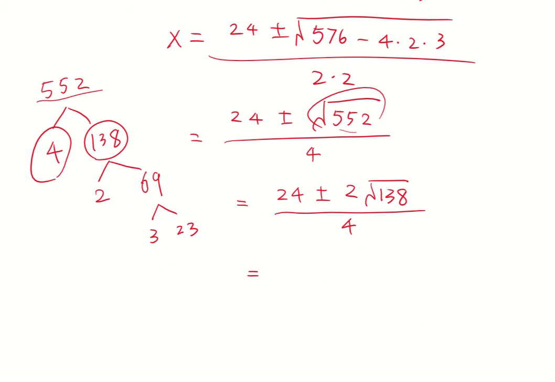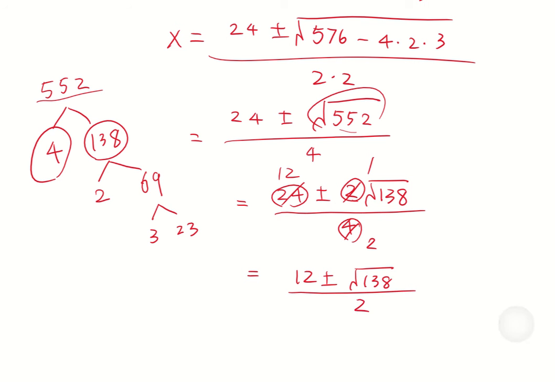Okay, so every term will be divided by 2 here. So this is 12, this is 1, this is 2, so it's 12 plus or minus square root of 138 over 2. I hope you got it correct, and I will see you in the next video.